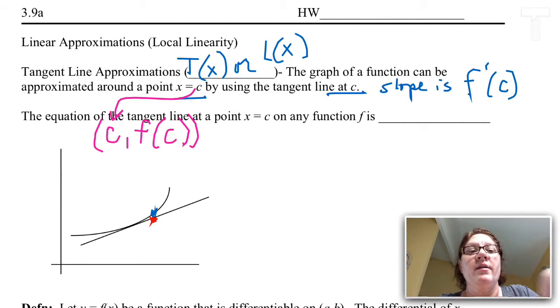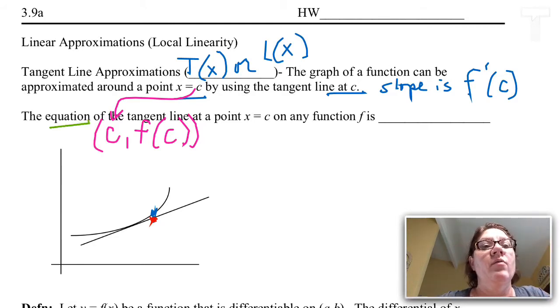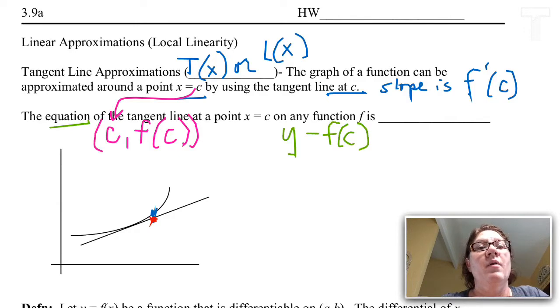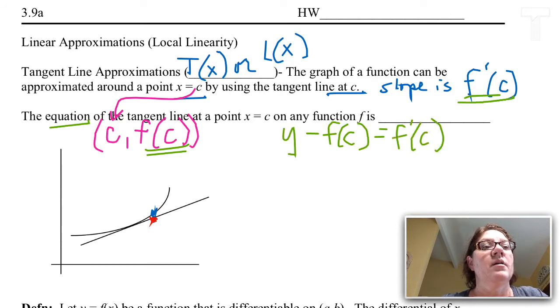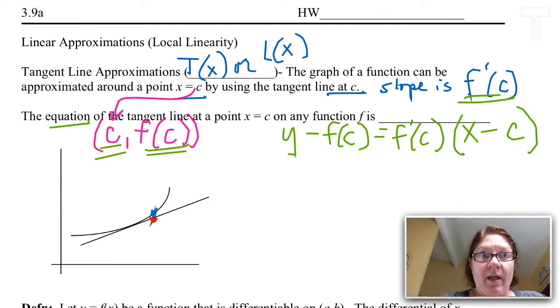So if I were to write the equation of the tangent line, then I would have y minus f of c, there's my y value, and then I'd have the slope, but the slope would be f prime of c, and then x minus, remember the x value over here, c. That should probably make sense to you right now.